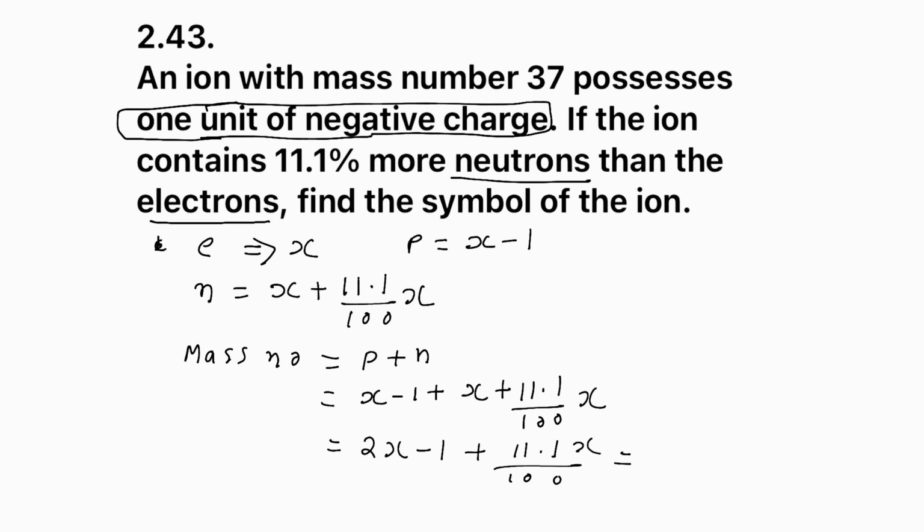On calculating you will be getting 2x minus 1 plus 0.111x. Correct, right? So on calculating, 2x plus 0.111x is 2.111x minus 1 is equal to, what is the mass number?